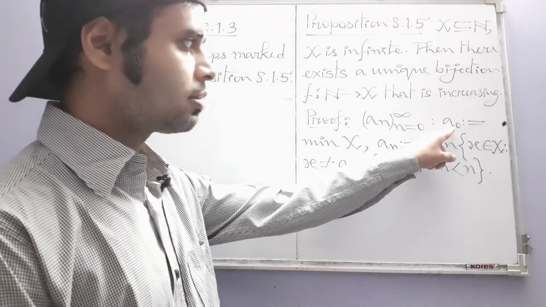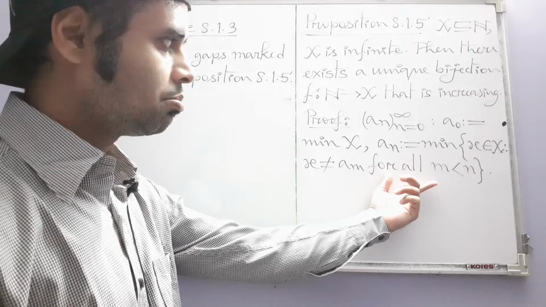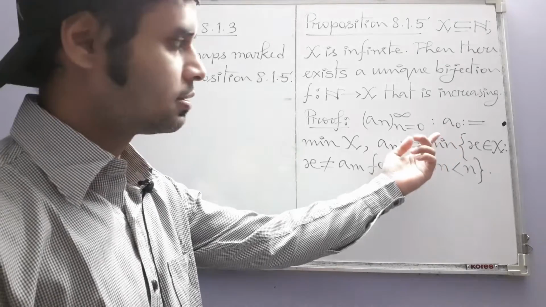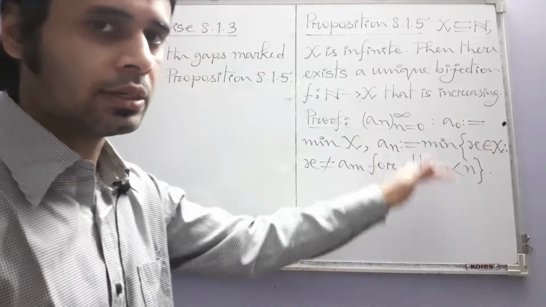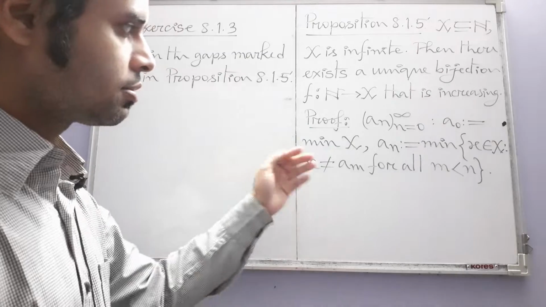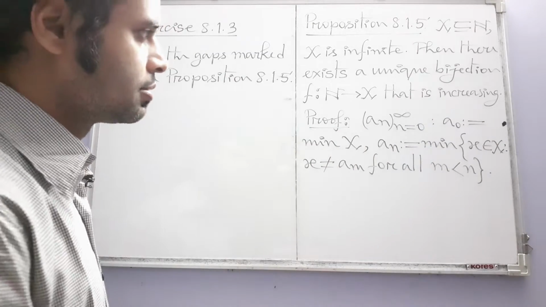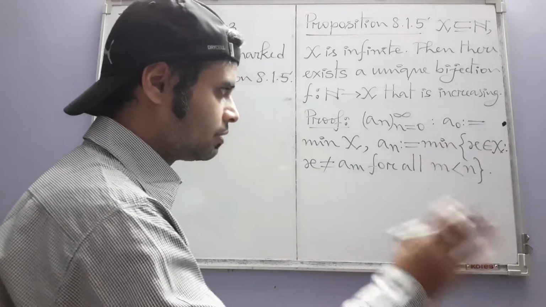In fact, we need not separately define a_0, it's included in this, but because in recursive definitions it's normally that we first of all define a_0 and then give another formula for defining the other terms, that's why I am writing like this. And in fact, in the proof also we saw that this is the way we went through the proof.